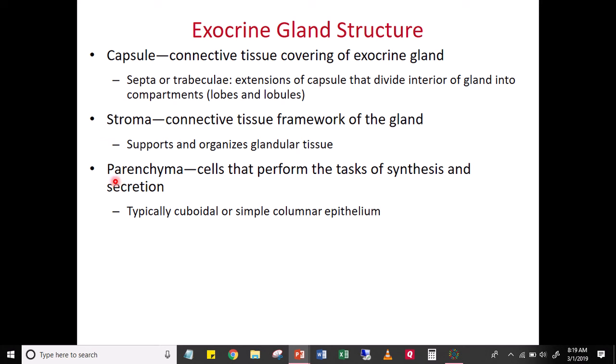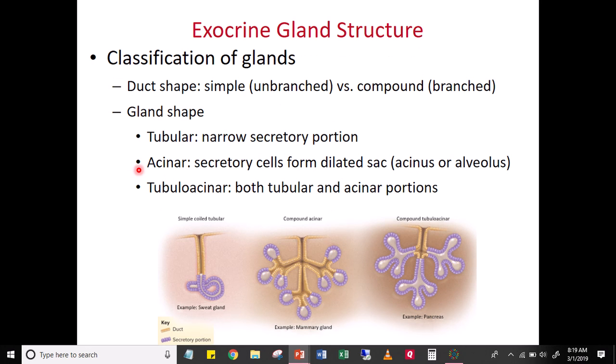And then we have the parenchyma. The parenchyma are the cells that actually make the secretion. So to reinforce this idea, we have the capsule around the outside, the stroma gives support, and the parenchyma makes the secretions. So these are generic terms that can apply to any multicellular exocrine gland.